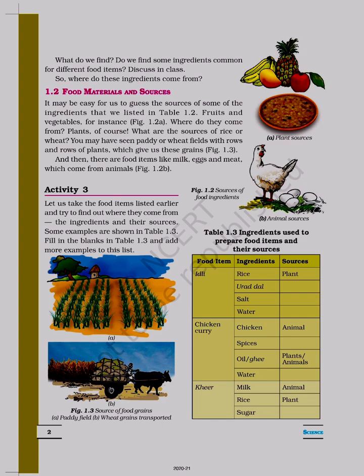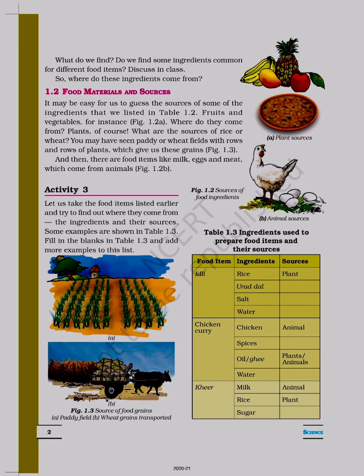Activity 3. Let us take the food items listed earlier and try to find out where they come from. The ingredients and their sources. Some examples are shown in Table 1.3. Fill in the blanks in Table 1.3 and add more examples to this list. Figure 1.2. Sources of food ingredients: plant sources, animal sources. Table 1.3.